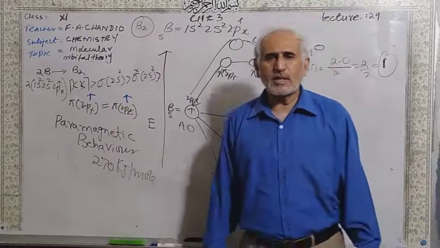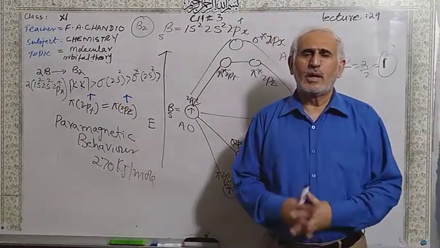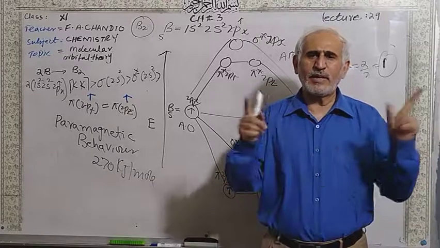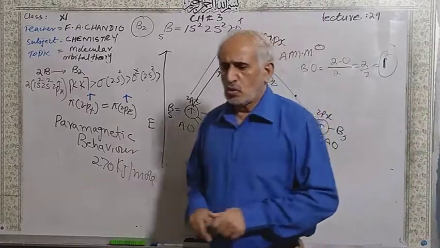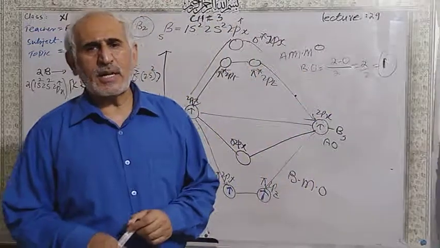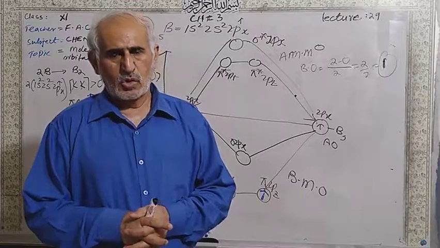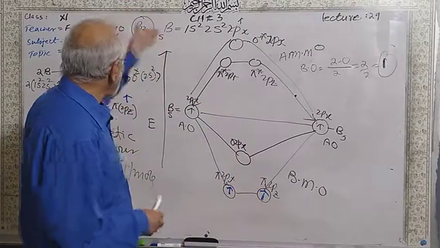So the 2 electrons are unpaired, with the same spin, 1 and 1 each. If the 2 electrons are unpaired, you learn the paramagnetic properties of molecules. So boron is of paramagnetic nature.